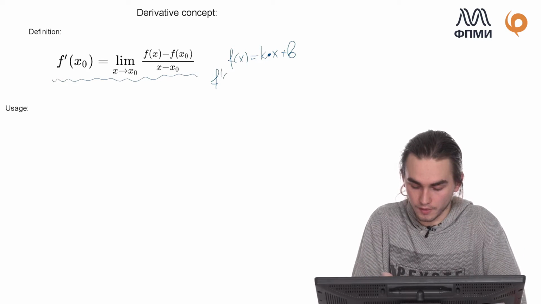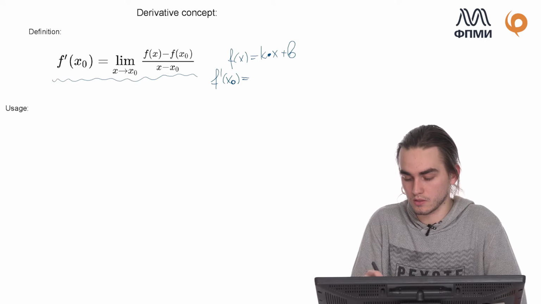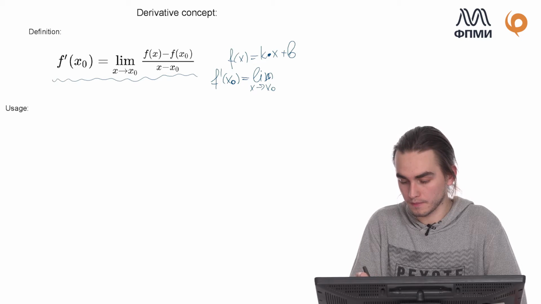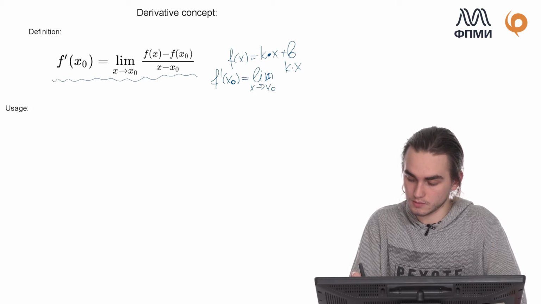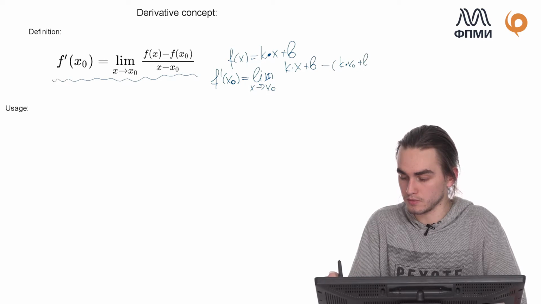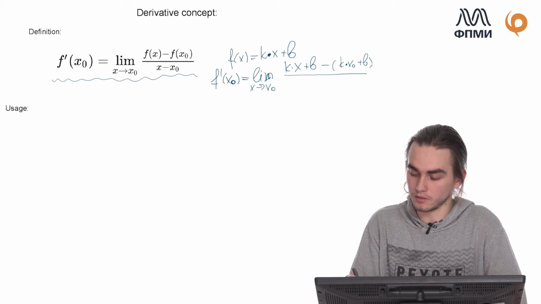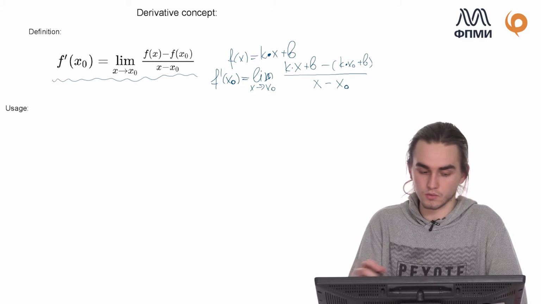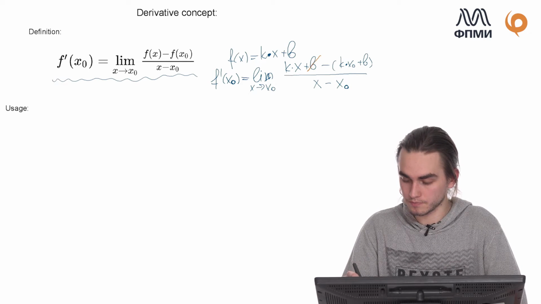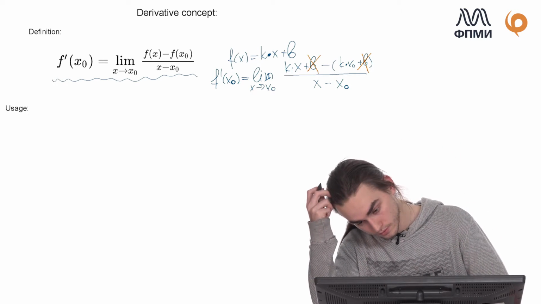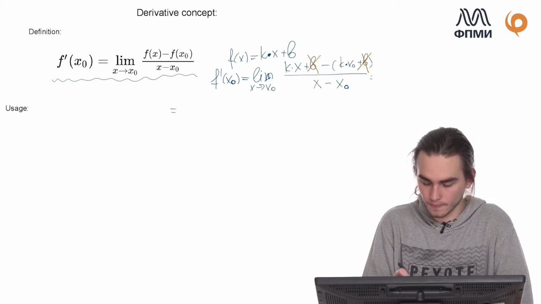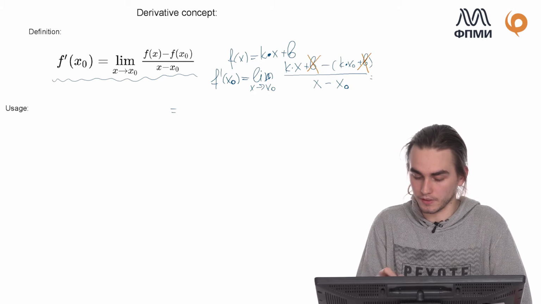So f prime of x sub 0 equals the limit as x approaches x sub 0 of k product x plus b minus k product x sub 0 plus b, divided by x minus x sub 0. So at first we're getting rid of b's because of this minus. We can cross them out. Then you can notice that you can bring k out of the brackets.